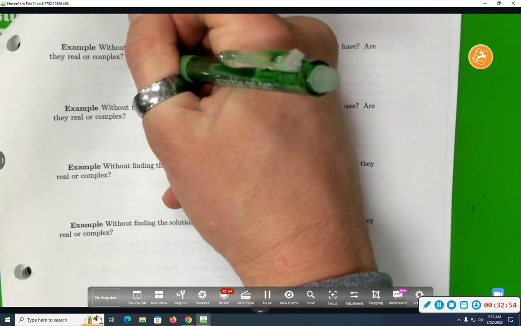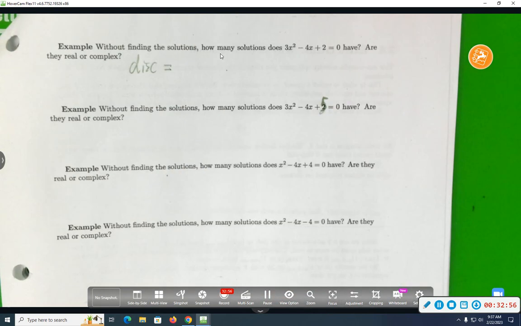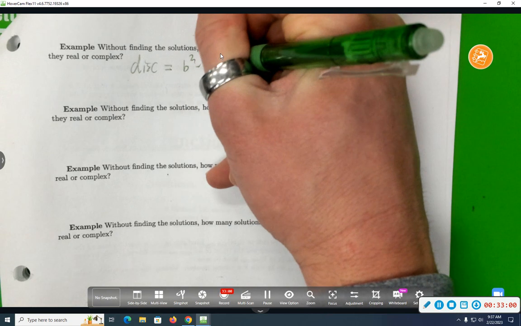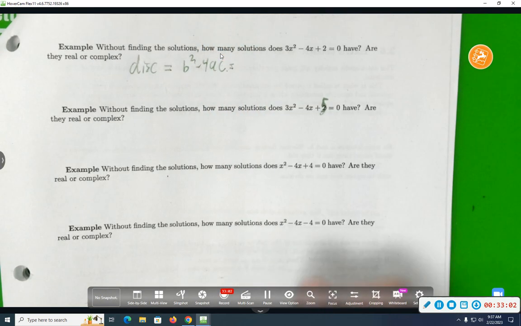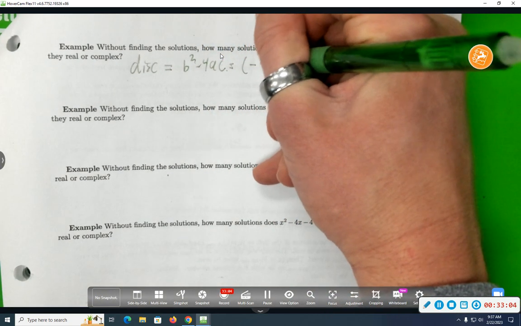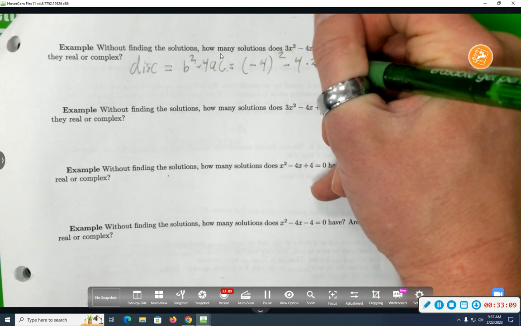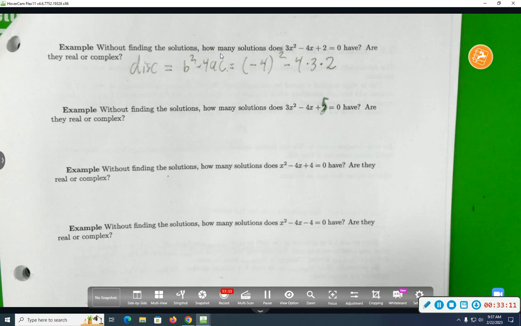The discriminant is equal to b squared minus 4ac. In this case, that's negative 4 squared minus 4 times a times c.